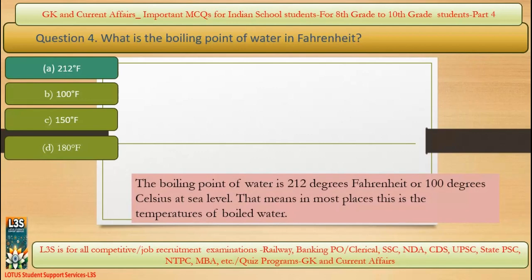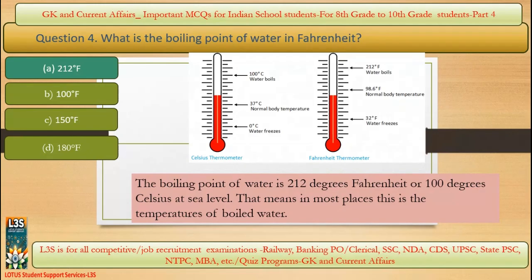The boiling point of water is 212 degrees Fahrenheit, or it is equivalent to 100 degrees Celsius at sea level. This means in most places this is the temperature of boiled water. So 100 degrees centigrade is equal to 212 degrees Fahrenheit, and it is the temperature at which water boils.